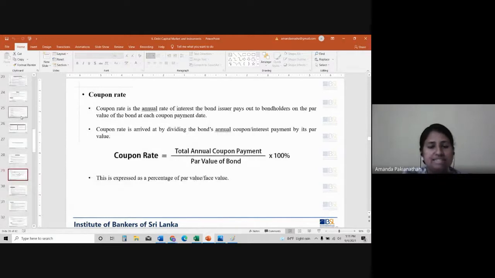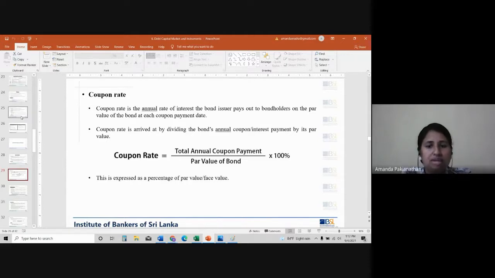Coupon rate, this is an annual rate. Again, I'm stressing that word to you because so many students make that mistake. Coupon rate is an annual interest rate. What does it tell you? It tells you the amount of interest paid out by the issuer for a particular year in reference to the face value of the bond.